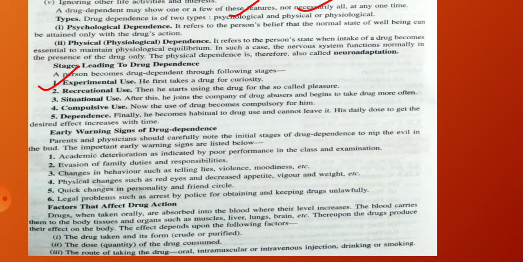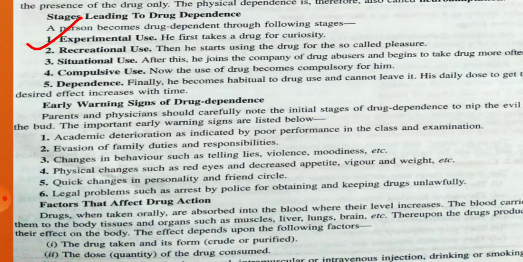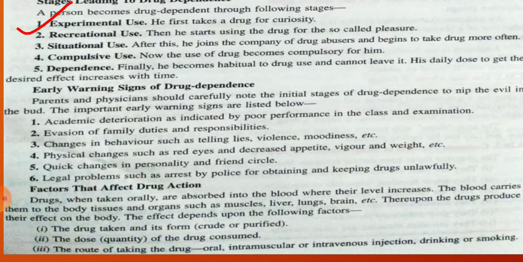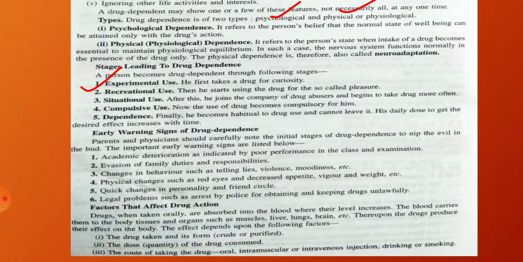So what are the factors that affect drug actions? Some of the factors responsible for drug action: when drugs are taken orally, they are absorbed into the blood, so the blood level increases, and the blood carries them to the body tissues and organs such as the muscles, liver, lungs, brain, etc., in all the body parts.